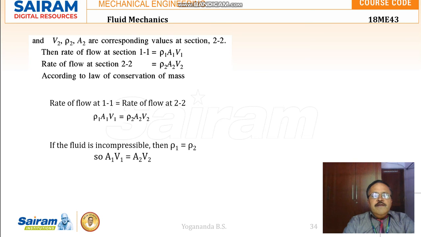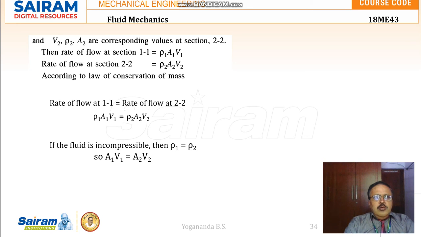The rate of flow at section 1 is rho 1 into Q1. Here Q is the discharge, given by the equation Q equals A into V, area into velocity. Area is in meter square, velocity is in meter per second, so discharge is in meter cube per second.